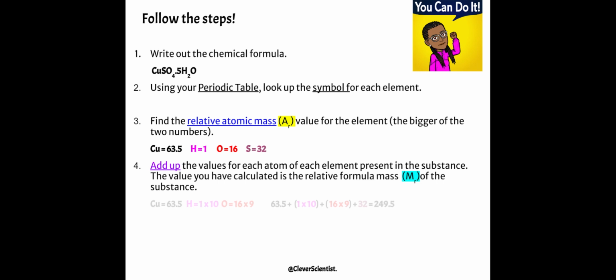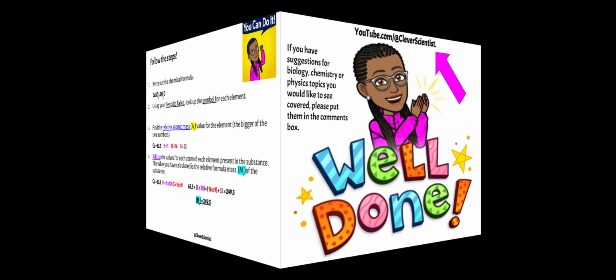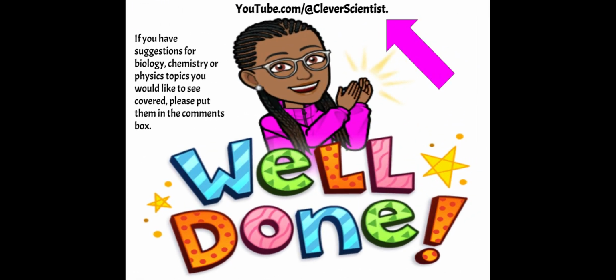Just like before, you add up the values for each atom of each element present in the substance, and voila, you have calculated the relative formula mass. And in this case, for hydrated copper 2 sulfate, the relative formula mass is 249.5. Yes, you did it. Well done. How easy was that?